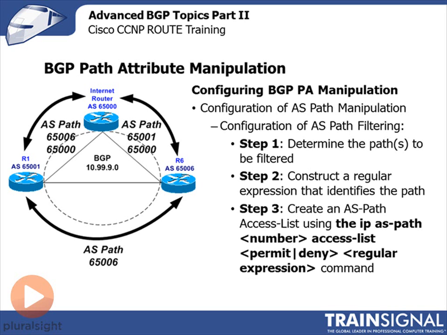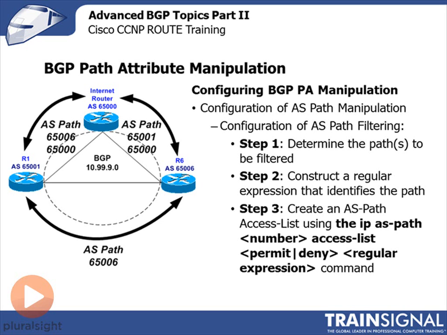So to configure AS path filtering, again, always start with what you're trying to filter so you know what you're working with and what your targets are. Then construct a regular expression that identifies the path. You can actually use the show ip bgp regexp command and test out different ones so you can figure out which one you want. Then you're going to create a very special kind of access list called an AS path access list. It's unlike a standard access list.